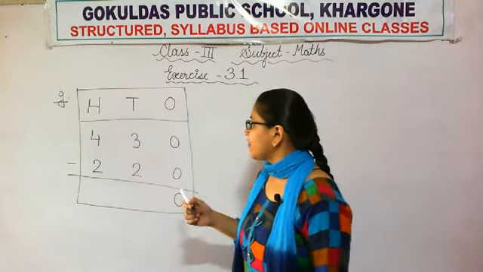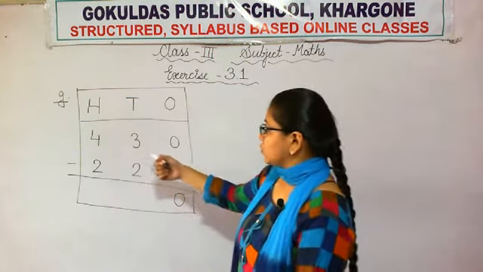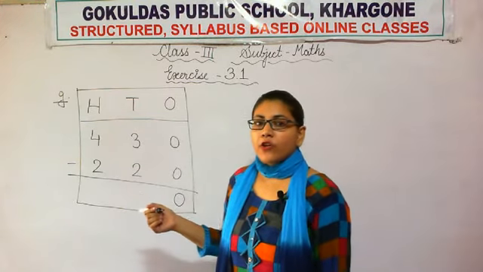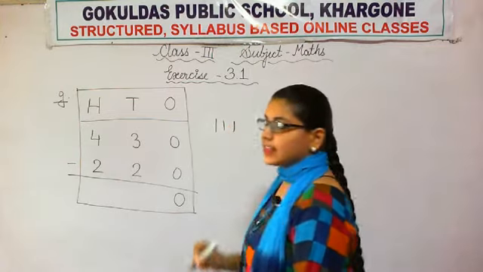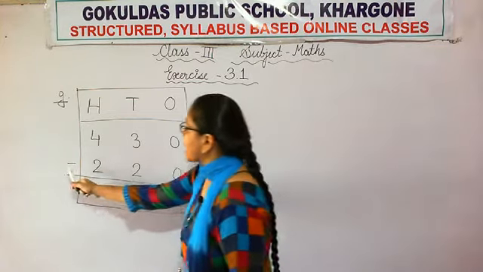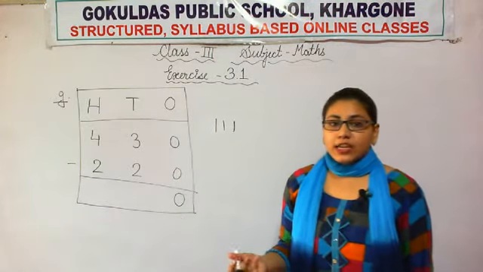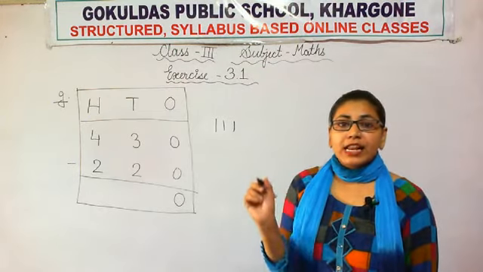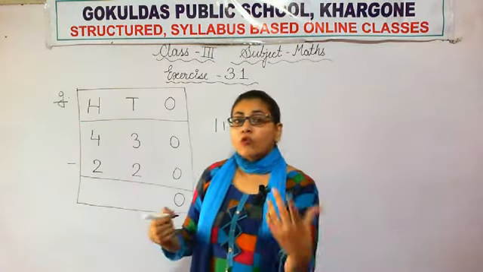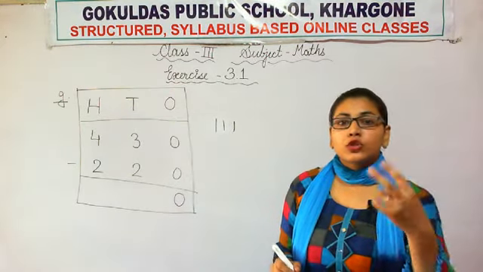Now tens column, 3 minus 2. For this 3, we will draw 3 sticks. Let us draw 1, 2 and 3. Now minus 2. As the minus sign is there, we will cancel out 2 sticks.